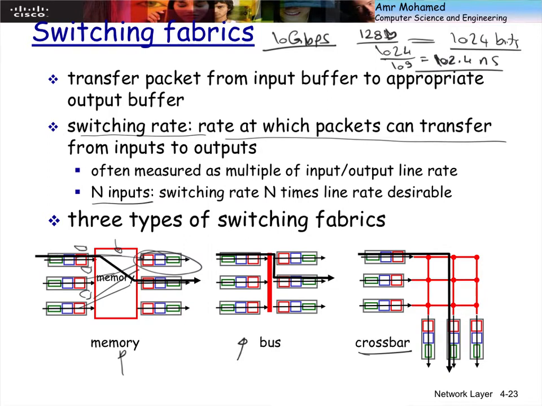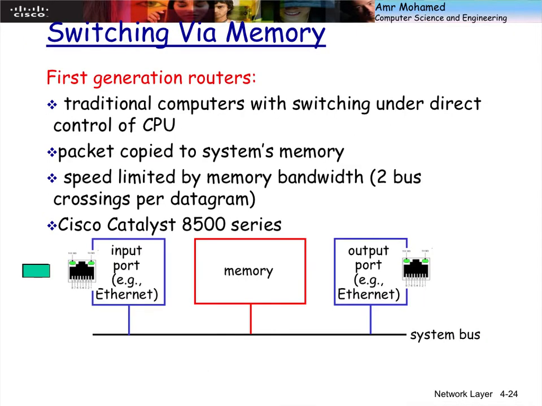Here, you have shared memory locations for each output port. So if I need to send the packet to this output port, then I need to write it here, or here, and so on. So the first one is what we call the shared memory architecture. In the shared memory architecture, when you look up the routing table, you decide that you need to send the packet from this input port to this output port.